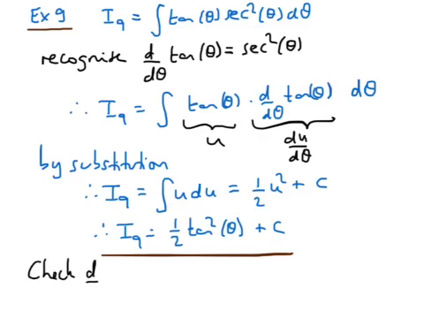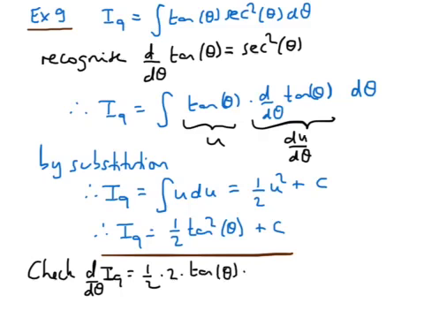So what we want to do is differentiate with respect to theta our result and see that we indeed obtain the original integrand. So we have here a factor of 1/2. When we differentiate something squared, we're going to pull the 2 down. We are going to reduce the power by 1, so we're just going to write the tangent of theta.